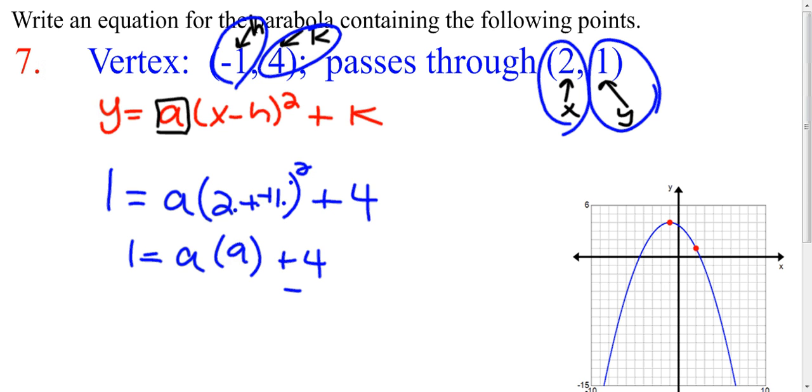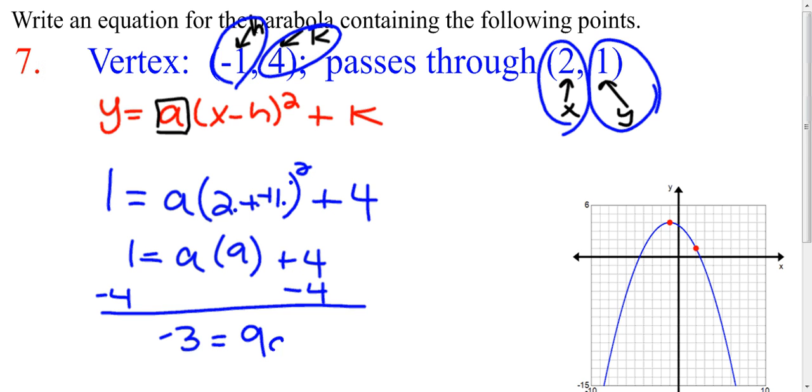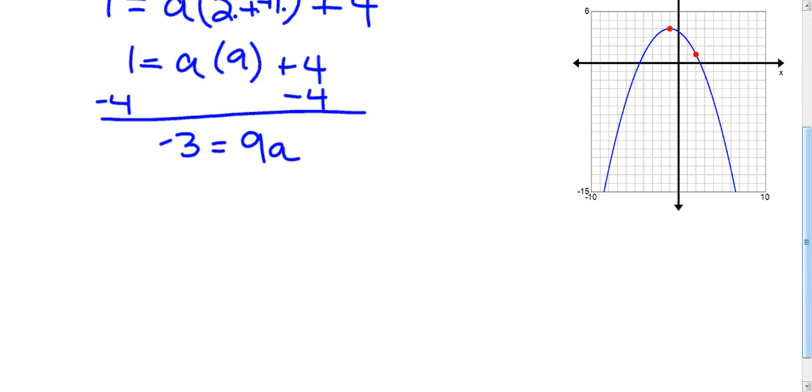I will subtract 4, and I have -3 equals 9a. Divide by 9, and a is -3/9, which reduces to -1/3.